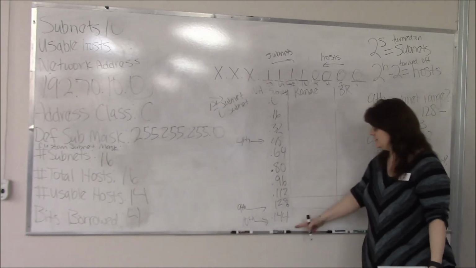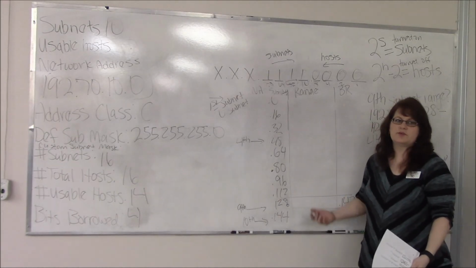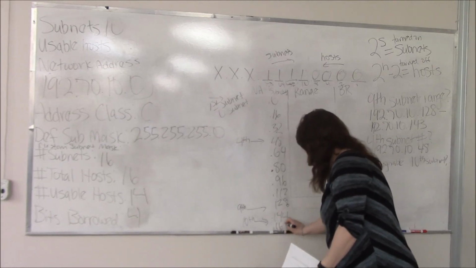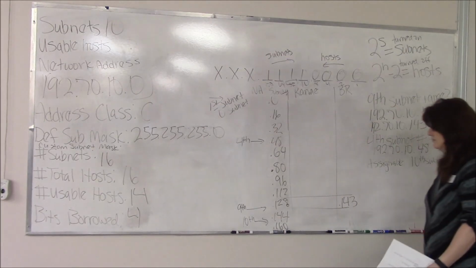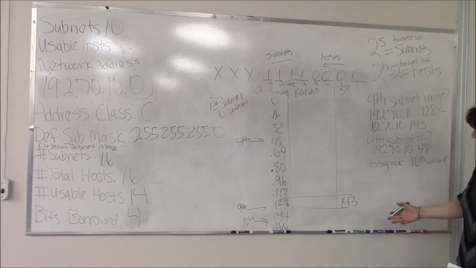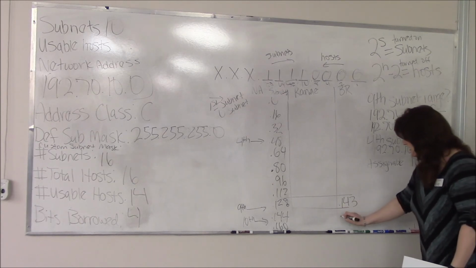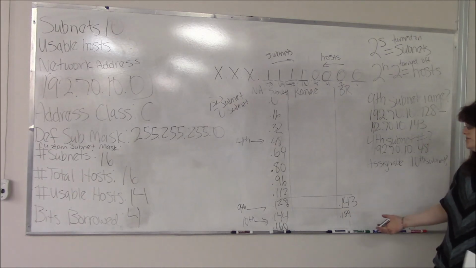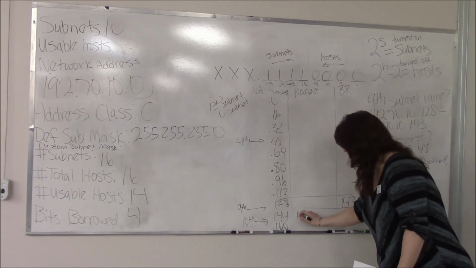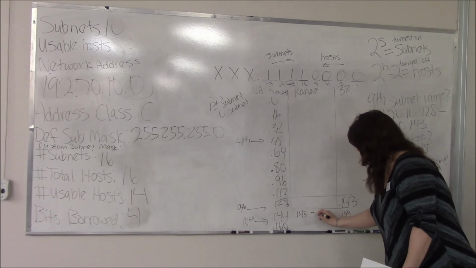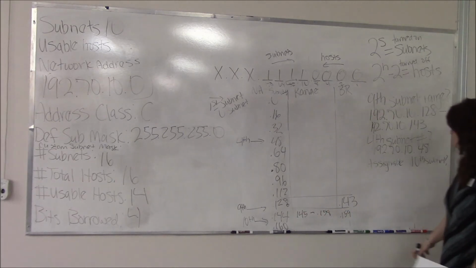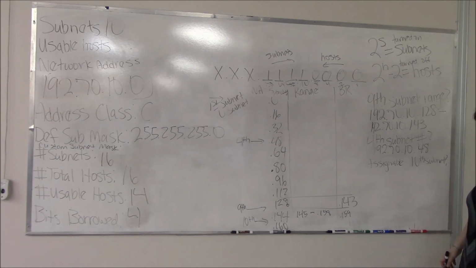Well, I don't really have 16 added to that, but let's go ahead and do it, right? That's 160. Well, if I know that, then I can just subtract 1 from that and get my 159 of my broadcast. And if I know those things, then I can just add 1 over here, 145, and subtract 1 over here, 158. And that'll give me my assignable addresses.